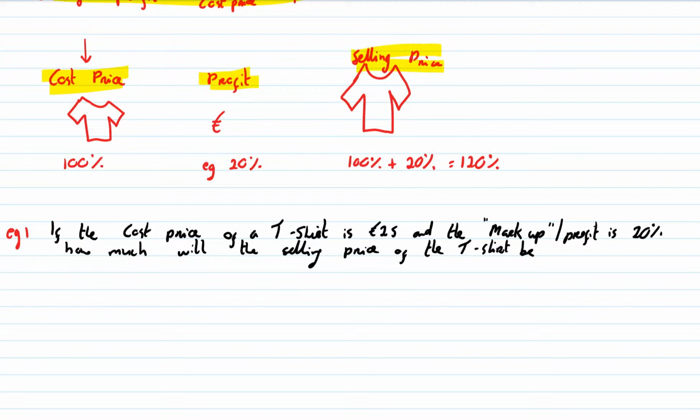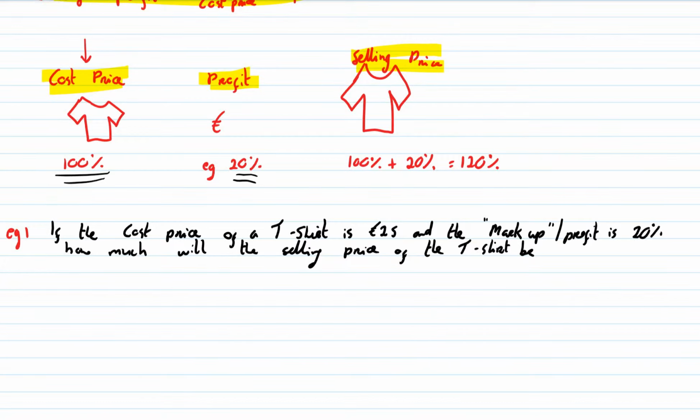But it works the same. The cost price, we're going to have as our 100%. So that's the whole jacket or the whole coat or t-shirt or whatever.